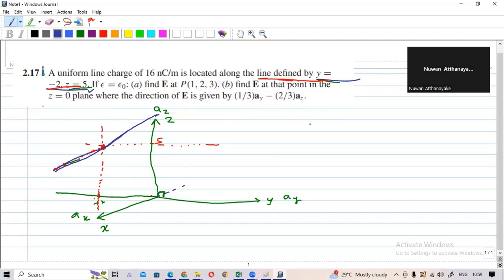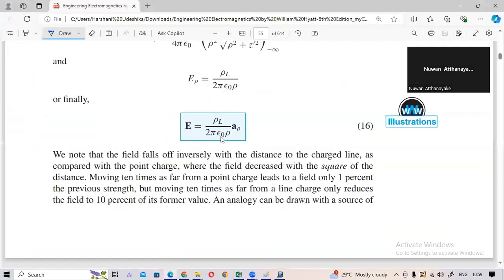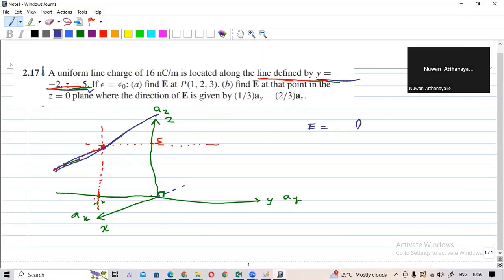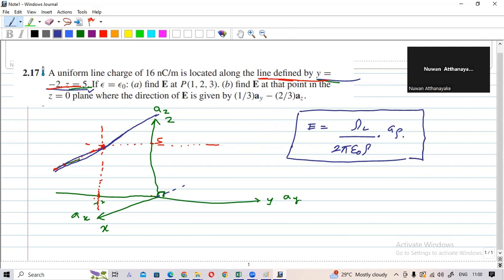So what we need to use is the resultant field of the line charge, E equals rho L over 2 pi epsilon naught rho, times a rho. You have to use this equation to find the E field at any point.